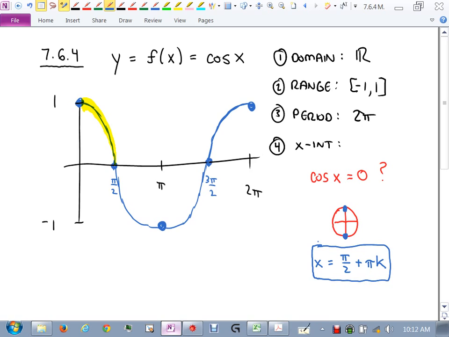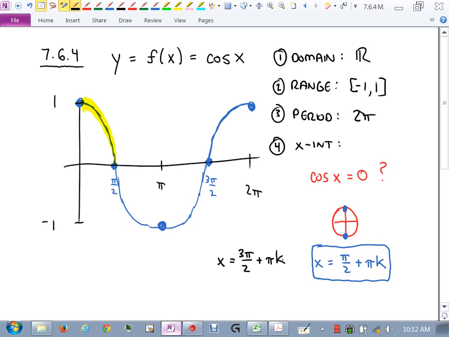So what if I asked you for 5 answers, 5 places where cosine is equal to 0? You can just start plugging in values of k: 0, 1, 2, 3, 4, whatever. Would this have been okay? I'm just curious if you're really understanding this. Could I have written 3 pi over 2 plus pi k? Would that have been an acceptable answer?